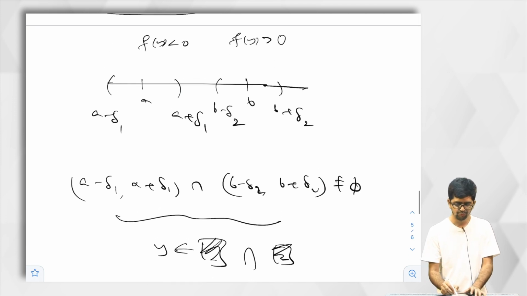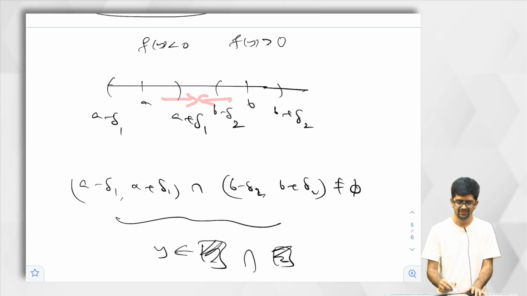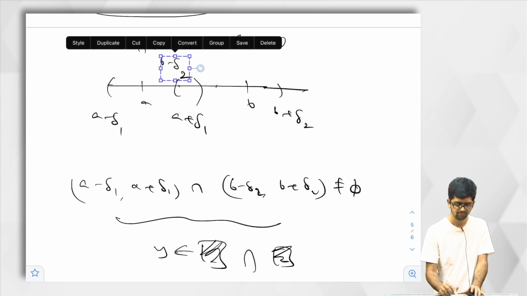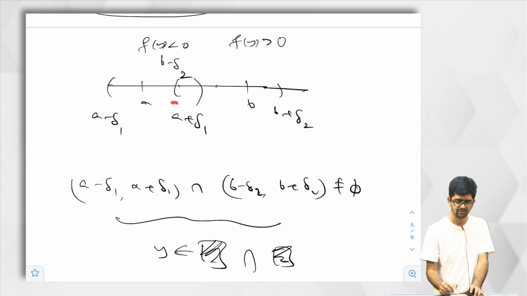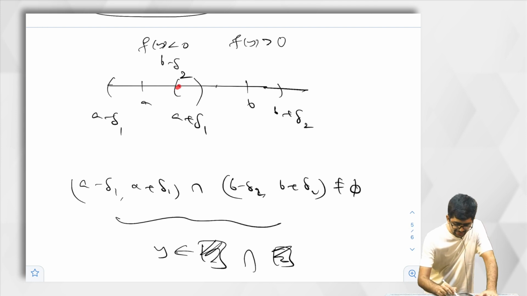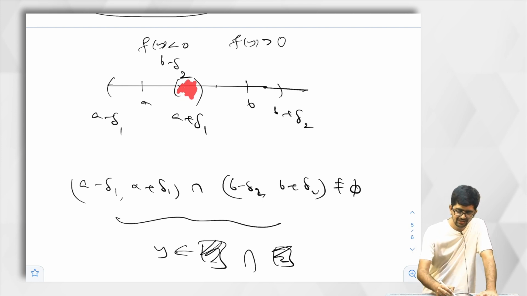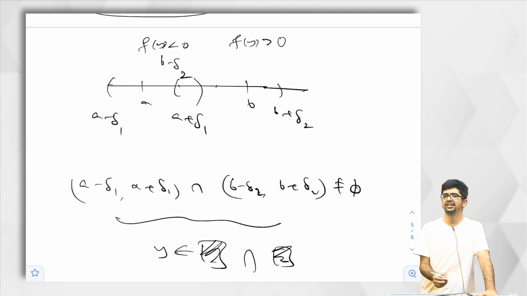Now we have moved this to the right side, to the left side. So this new one is a plus delta 1, this new one is b minus delta 2. So here, if I take any element in this intersection, f of y is 0.